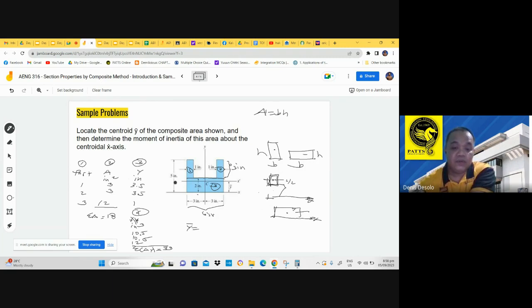So according to the formula, y bar is equal to the summation of the product of the area and y divided by the summation of the area. So the summation of the product of the area and y is 33 cubic inch. That's the unit, divided by the area 18 inch squared. Cancel. That gives us the value of y bar.